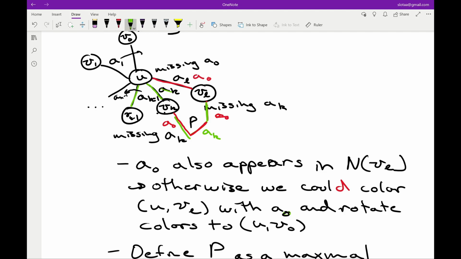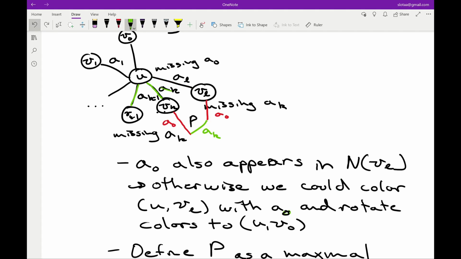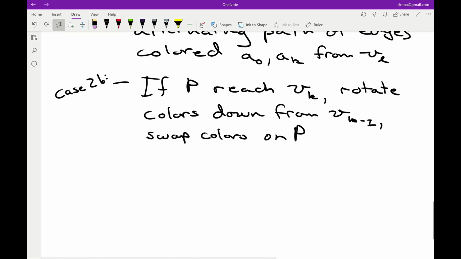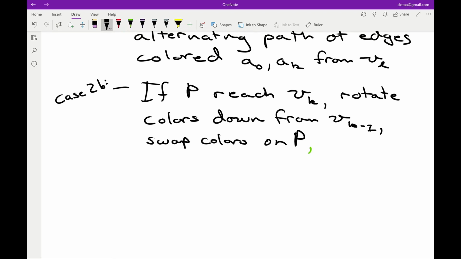And that is now A K, and this is A naught, etc. So the idea is that this path P, if it does in fact reach that vertex V K, we can kind of do this structured swap and rotation. Then swap colors on P, and then let's make it explicit. We'll color our vertex V sub L and U, color that edge with A naught.